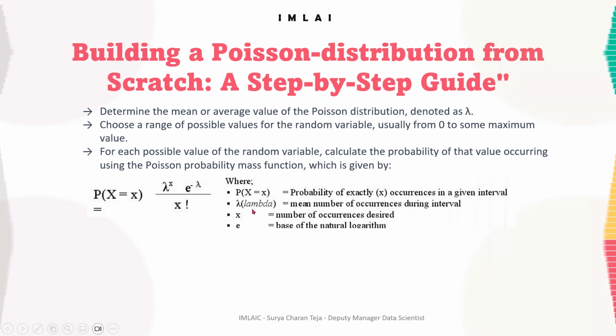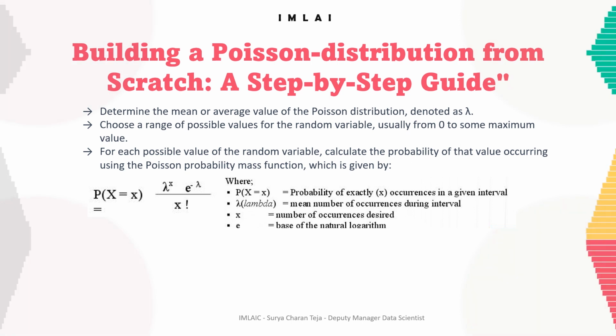Lambda is the mean number of occurrences during the interval, and small x is the number of occurrences desired. P is probability. E is the base of the natural logarithm. That's how we calculate the probability of each possible value of the random variable using the probability mass function.